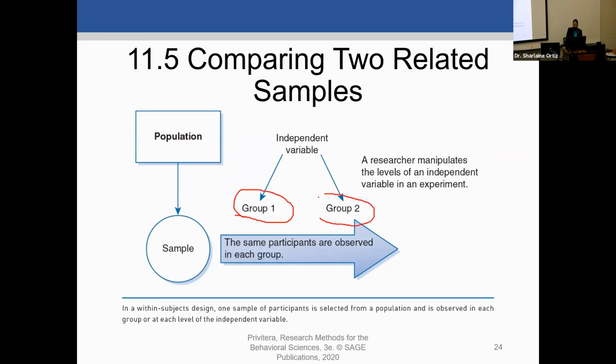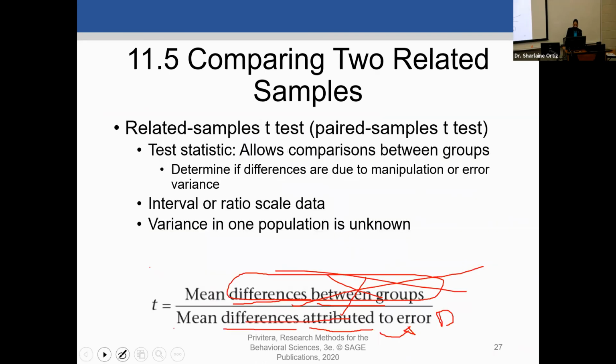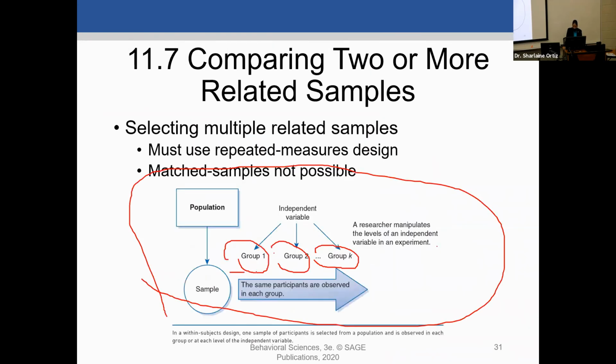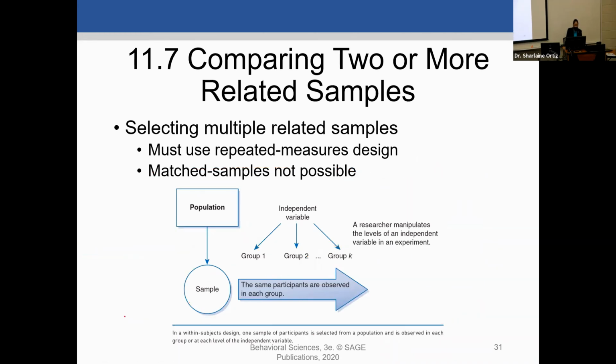So group one and group two. But one of the more significant aspects of this specific illustration is that now I am left with three groups, right? With three groups.